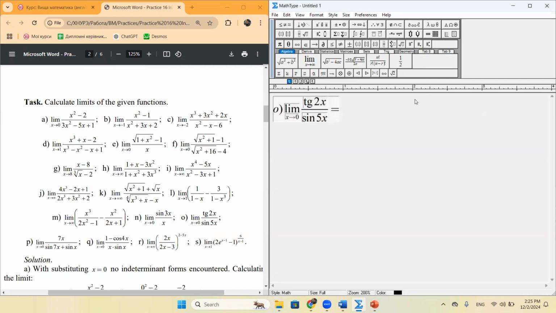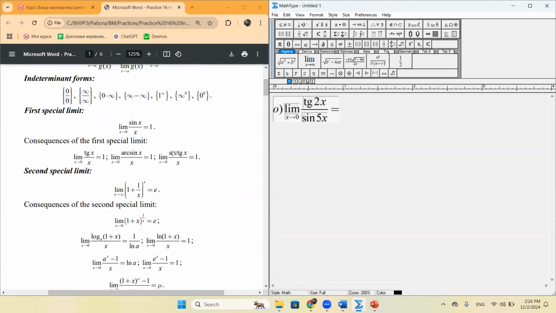And here we also use consequences of the first special limit. Again, the indeterminate form is the following. So I will multiply the numerator and denominator by 2x for now. And I will remove this indeterminate form.